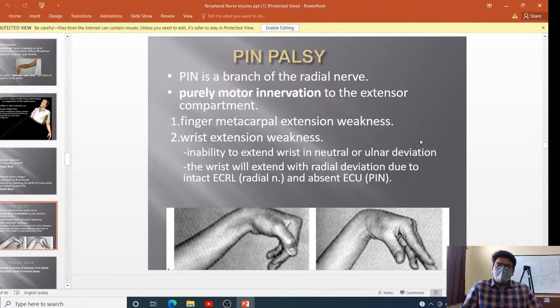And also there is thumb drop because the extensor pollicis longus is also gone. In PIN palsy, there is no wrist extension weakness because the posterior interosseous nerve, the deep branch of the radial nerve, arises after the extensor carpi radialis longus, which takes care of wrist extension.